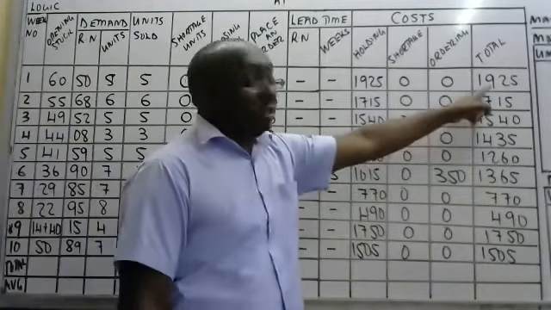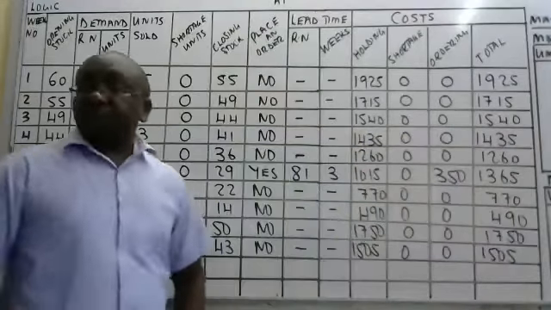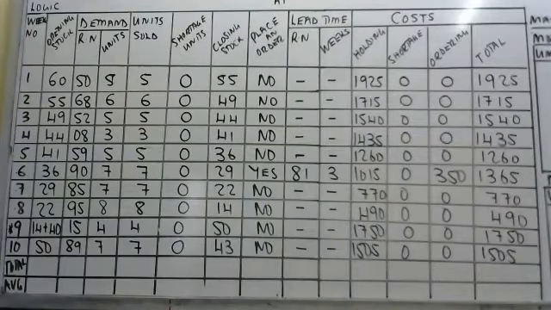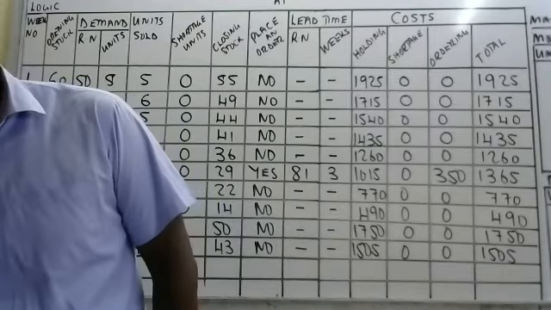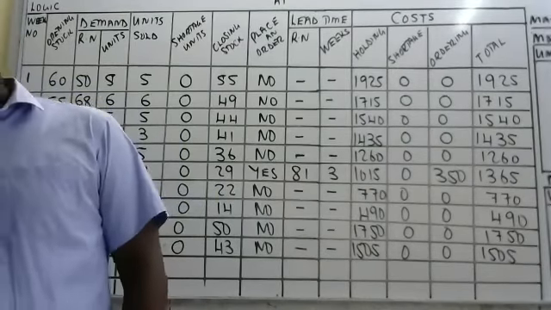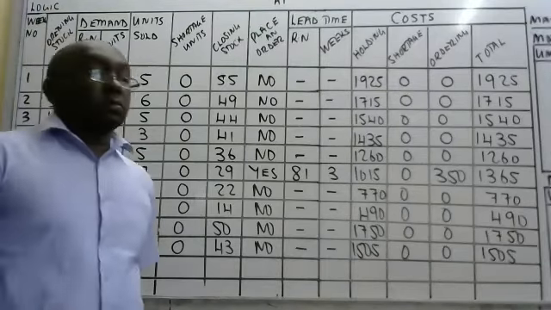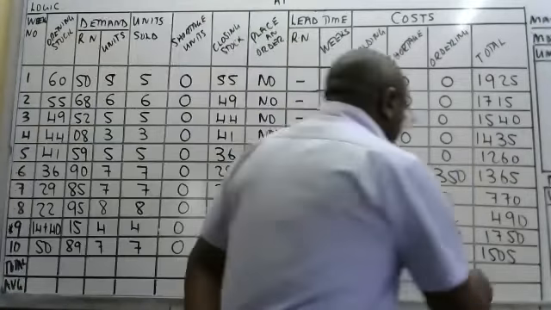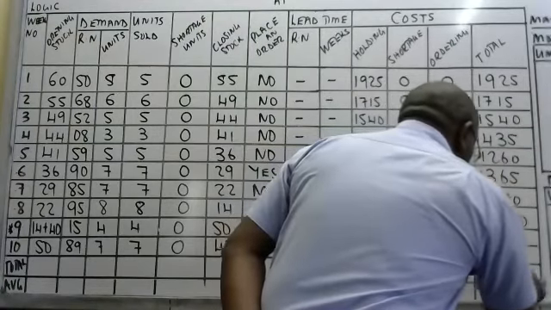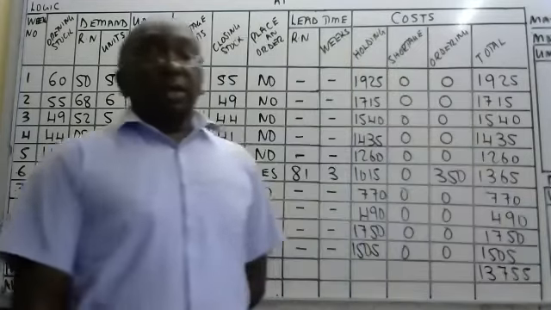So add easy totals. Add these totals. 13,755. Your total.